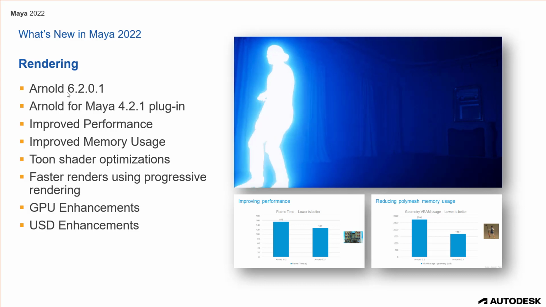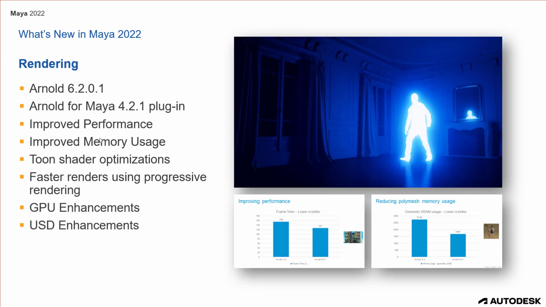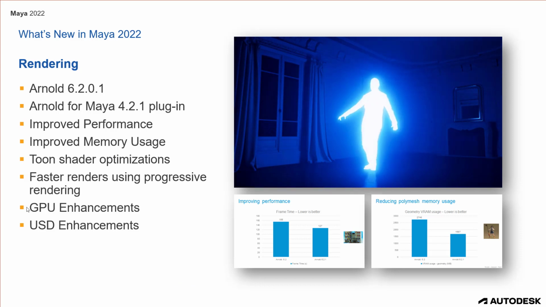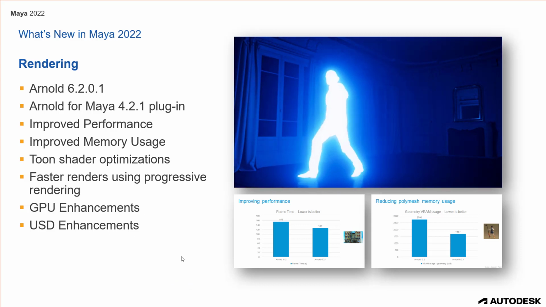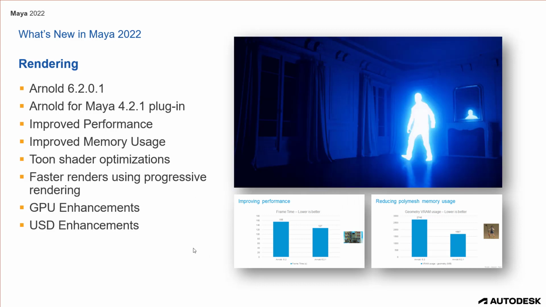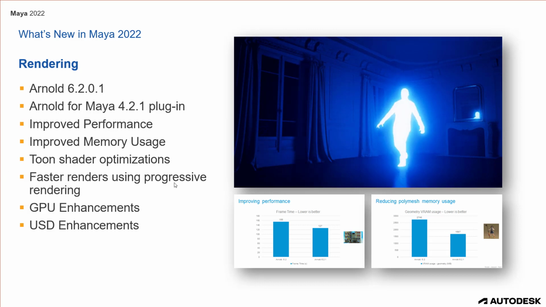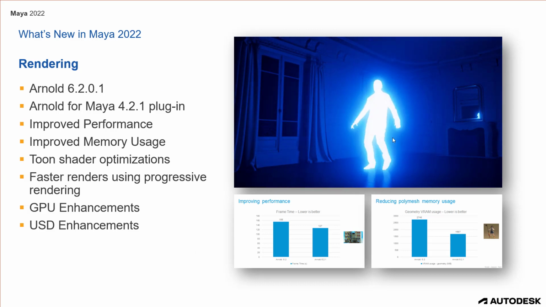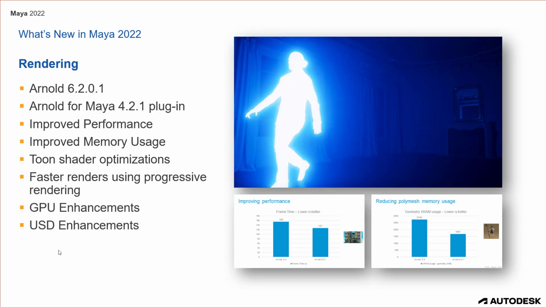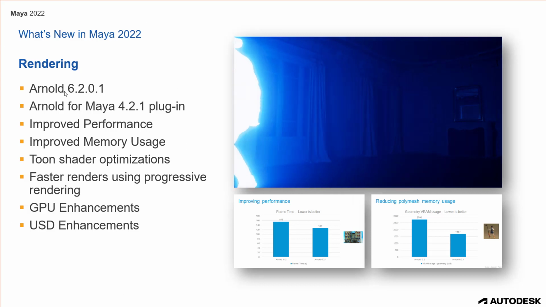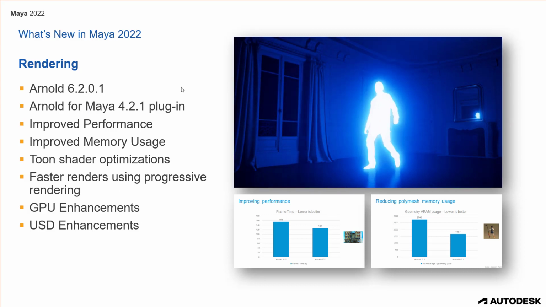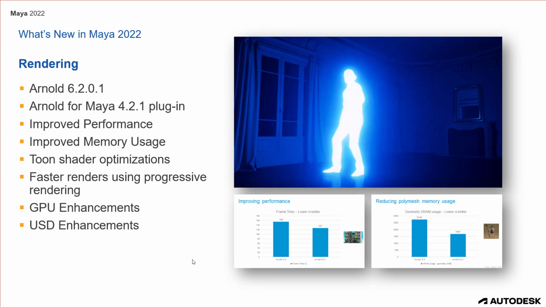In Arnold 6.2, there have been improvements in the performance and memory usage, as well as in the GPU rendering. There's a faster render using the progressive rendering, and Toon Shader has been optimized. So check this out. There's a new version of Arnold coming. I cannot announce it, so you have to wait a little bit longer, but there are interesting new things coming.